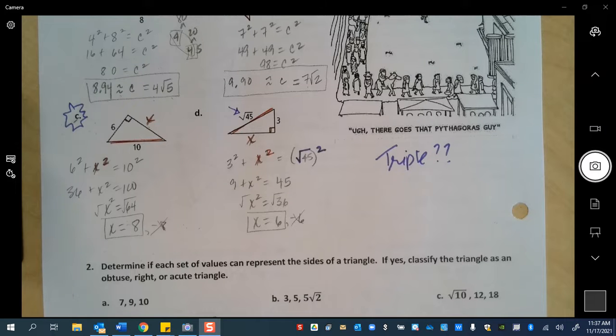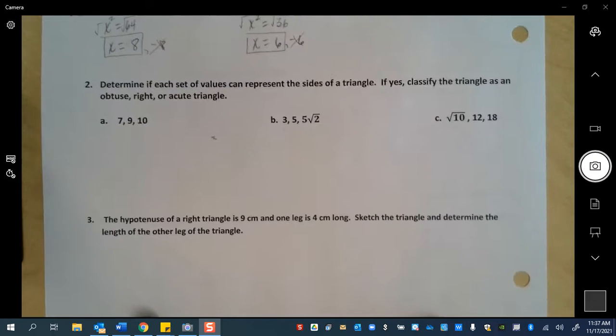Kind of like my reciprocals are inverse operations. A positive and a negative, inverse operations. Tying your shoes, untying your shoes, inverse operations. So when we're talking about squaring a square root, it's just going to be whatever is living underneath that radical sign. Make sense? All right, on to numbers 2 and 3.